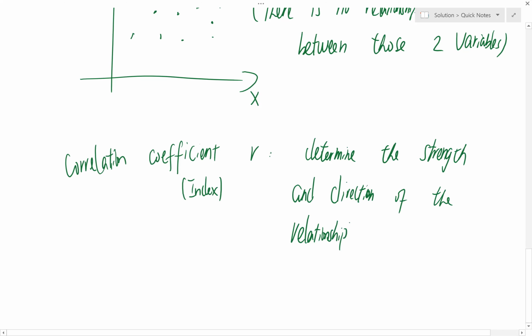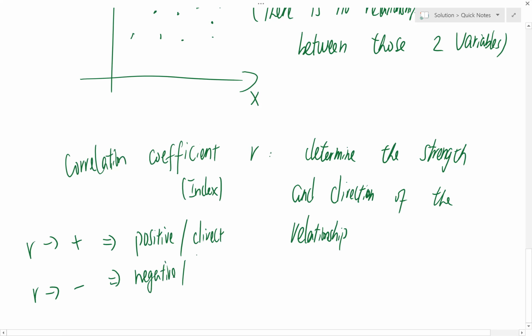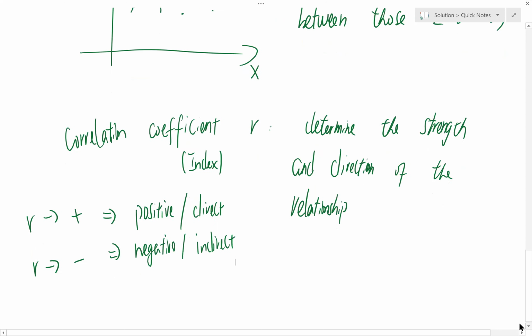If R is positive, then we know it's a positive relationship or direct relationship. If R is negative, then that's a negative relationship or negative correlation, indirect correlation between those two. And also, R has benchmarks.